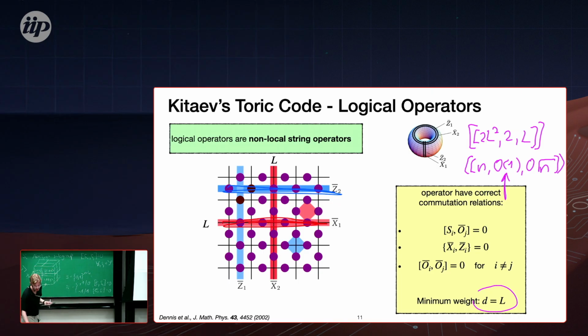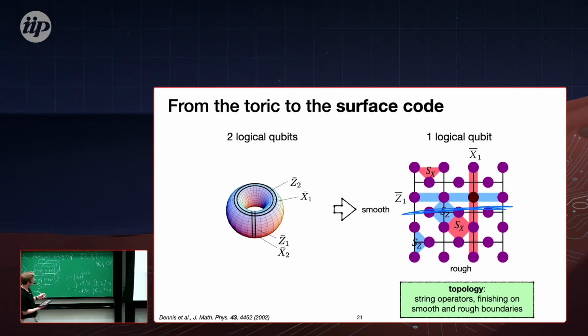We lose one of those, because such an X operator would not commute with the boundary stabilizers. However, this Z operator here trivially commutes because Z and Z commute.